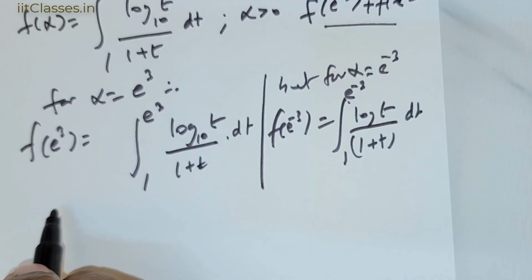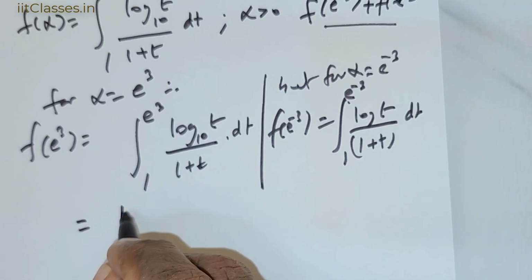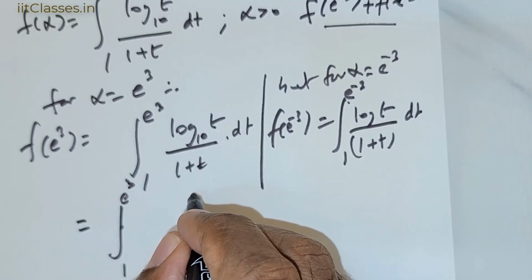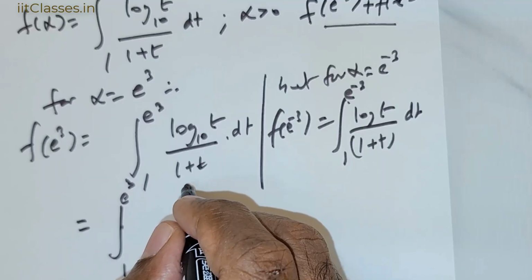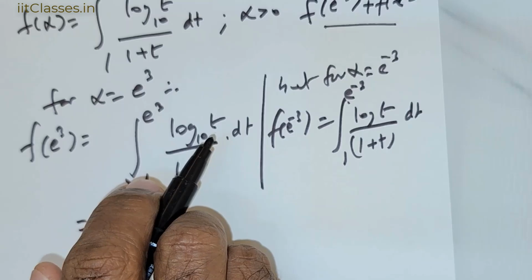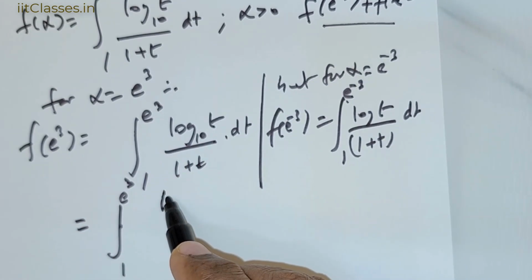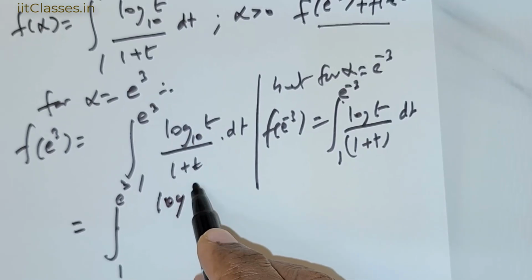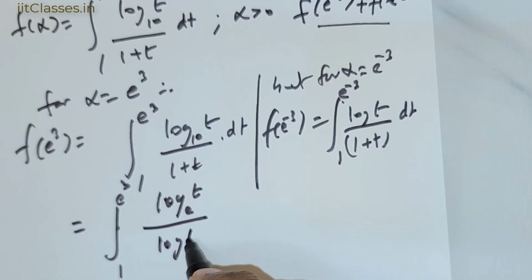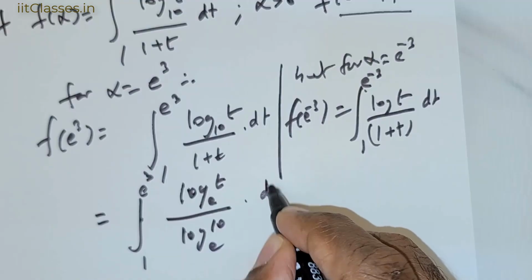So what I'm going to do is rewrite this as the integral from 1 to e raised to the power of 3. Now let me use a base called e. By introducing a new base, I can rewrite this as log t to the base e divided by log 10 to the base e, of course dt is there.